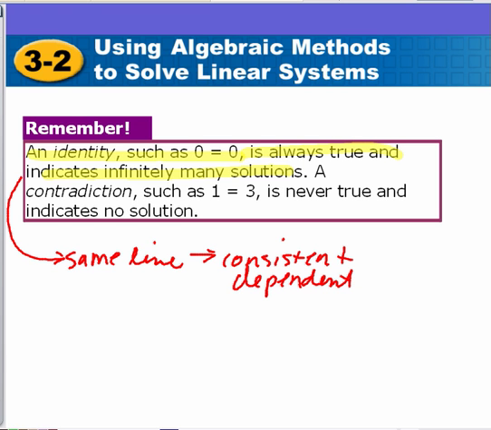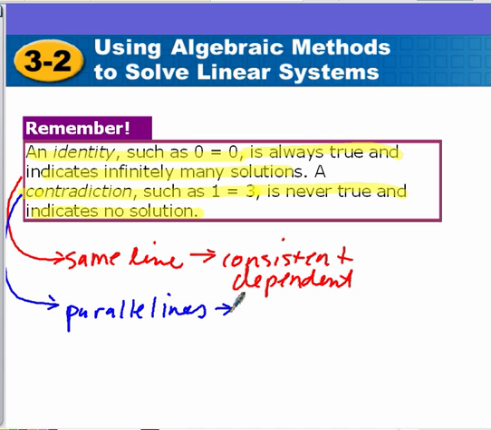A contradiction will give you a solution that's not true, like 1 equals 3. It's never true and indicates no solution. So remember, this is an example of parallel lines, and so it's going to be inconsistent.